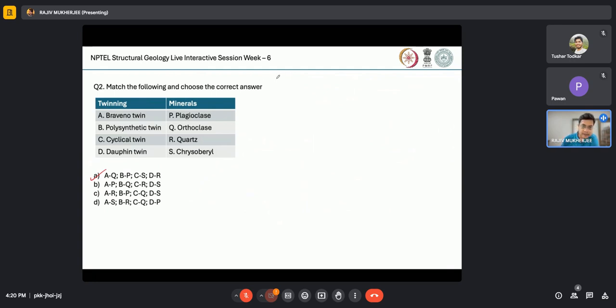So if I classify them, Braveno, polysynthetic, and cyclical are contact twins. And Dauphin twin is a penetrative twin.